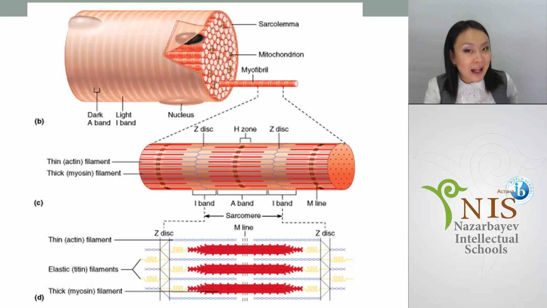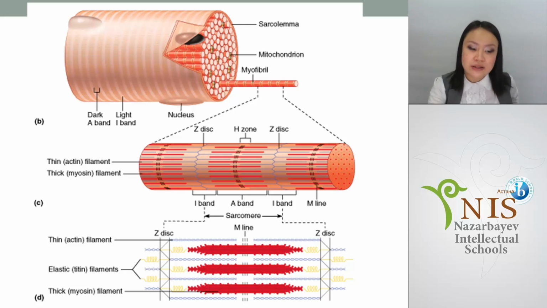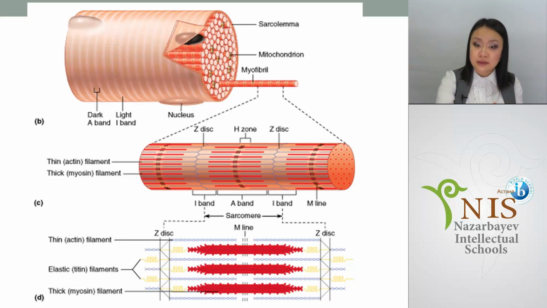It means with the help of this sarcomere we could walk. Look a little bit closer. In picture D, you could see the thin filament. We call it actin. And then you could see the thick filament, which is labeled with red color. We call it myosin. Exactly with the help of this interaction between actin and myosin filaments, our muscle could contract.